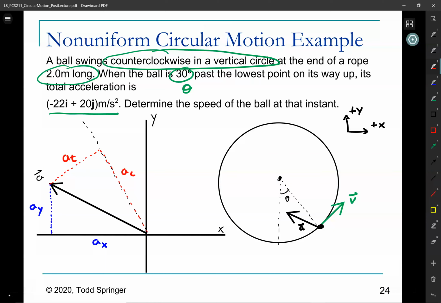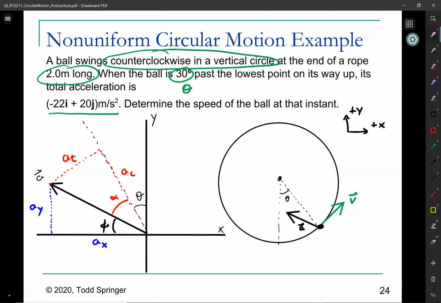All right. Let me call this angle phi, and let me call this angle alpha. And we know this angle here is theta.